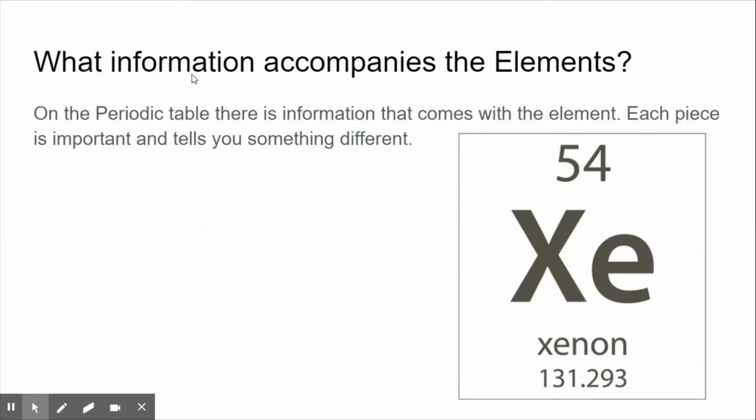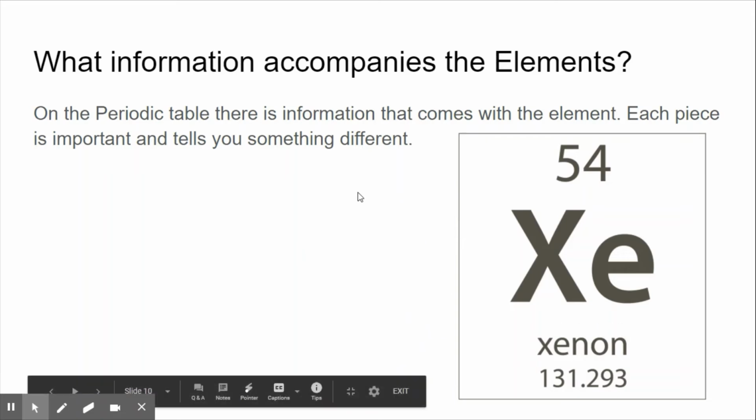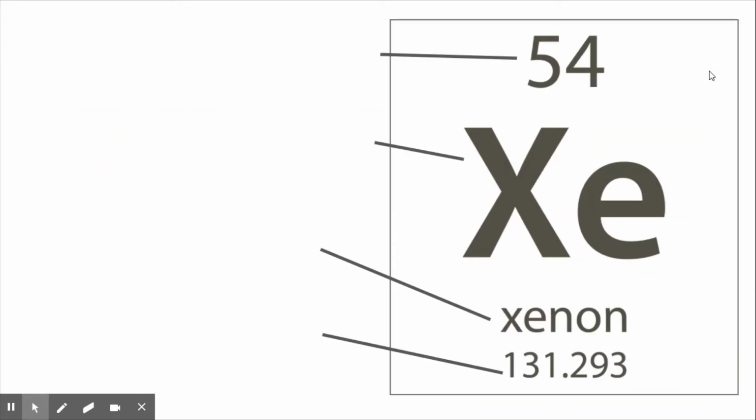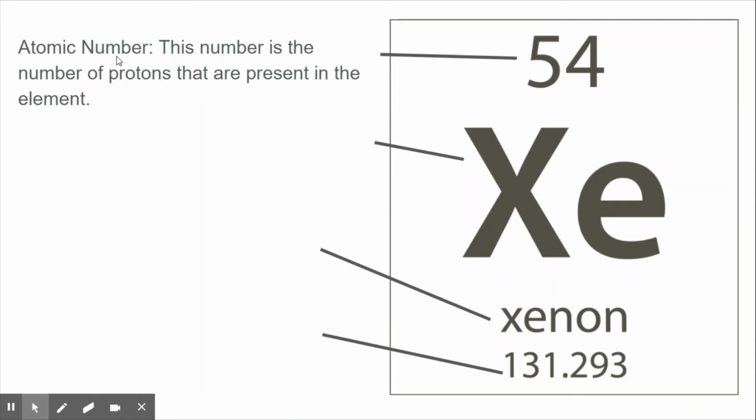So each of the squares on your periodic table usually has 4 things in it. Each piece of this information is important from top to bottom. I'm going to use xenon as my example element going forward. First, at the very top, the number 54 is the atomic number of our element.